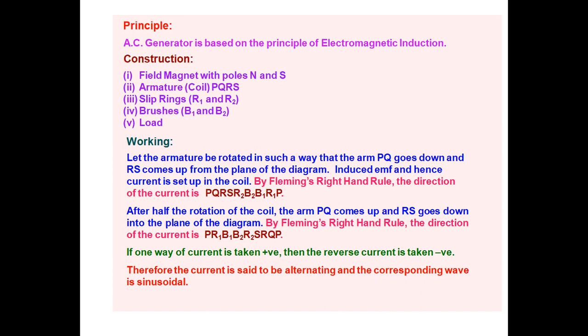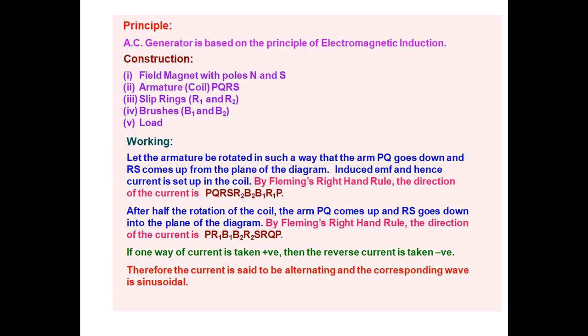Then we'll see the working of the AC generator. Let the armature be rotated in such a way that the arm PQ goes down, and the other end, the RS end, comes up from the plane of the diagram.